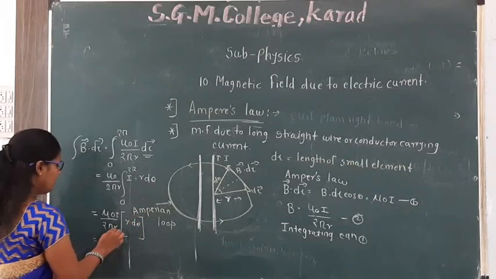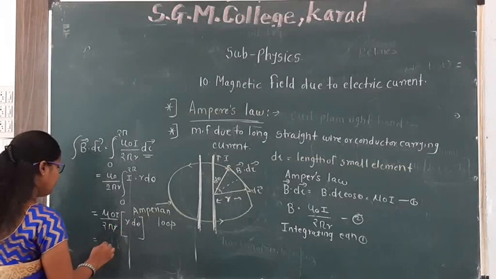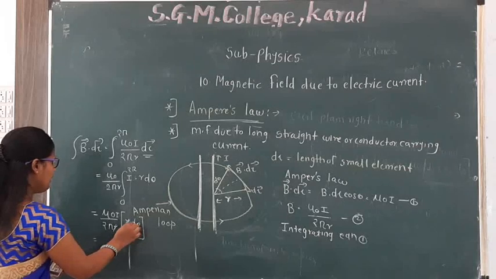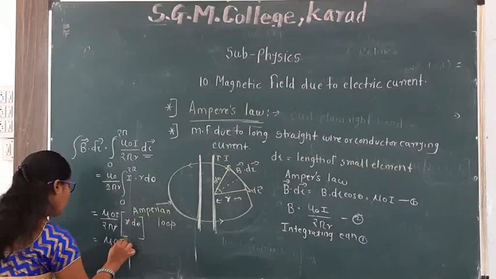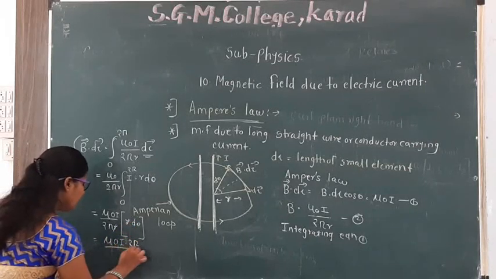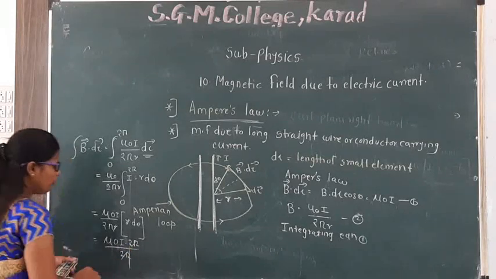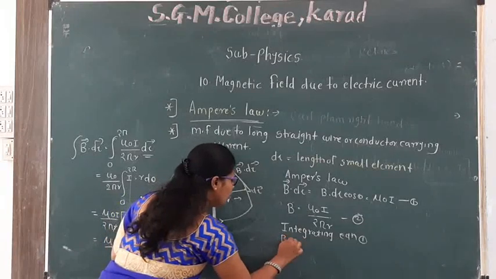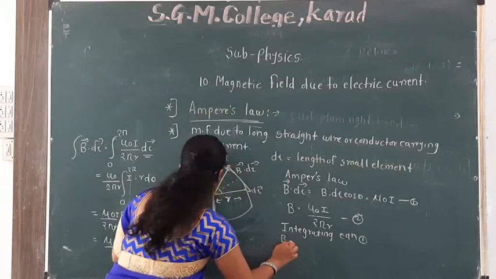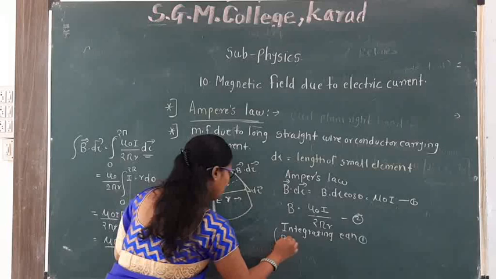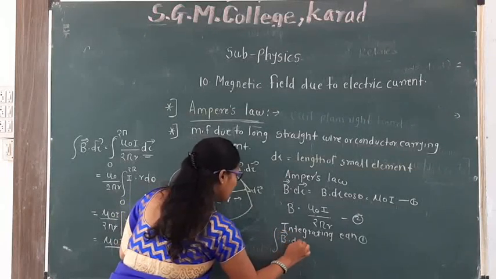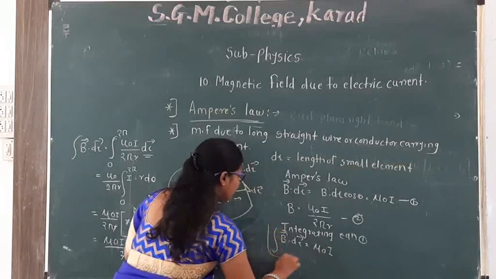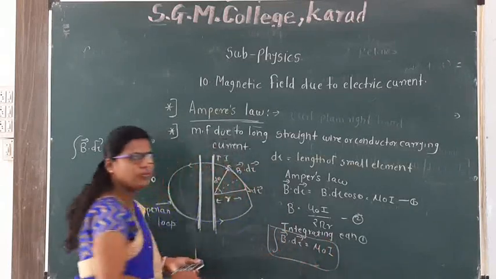Therefore R cancels, d theta integrates over 2 pi, and 2 pi also cancels. We get the integral of vector B dot dl equal to mu 0 I. Hence the proof.